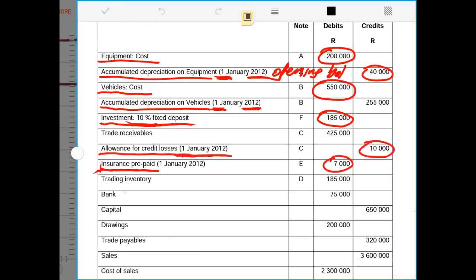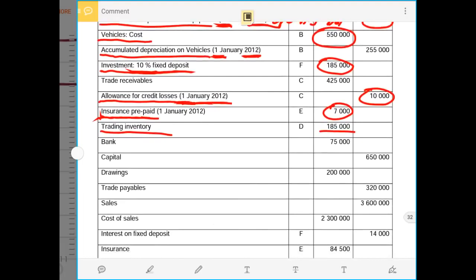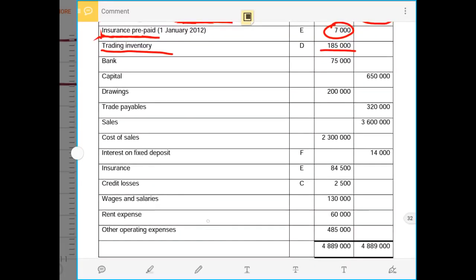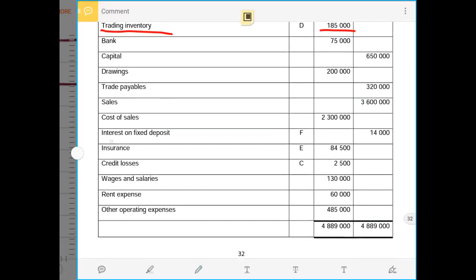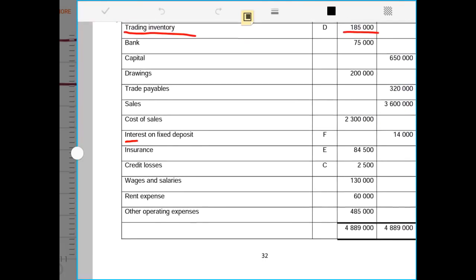We are given inventory trading stock 185,000 rands. There's not much to explain. Bank, capital, trade payables, sales, and above that we are given the interest on the fixed deposit. The interest on the fixed deposit is given to be 14,000 rands.